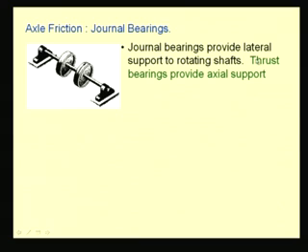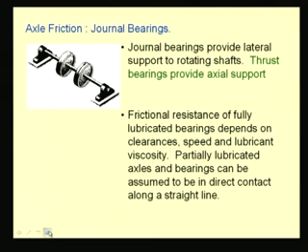We have already seen one kind of bearing, that is the thrust bearing, which provides axial support. So, these bearings are known as journal bearings, which provide lateral support to the rotating shaft. To reduce friction, lubrication is generally applied between the axle and the bearing block.